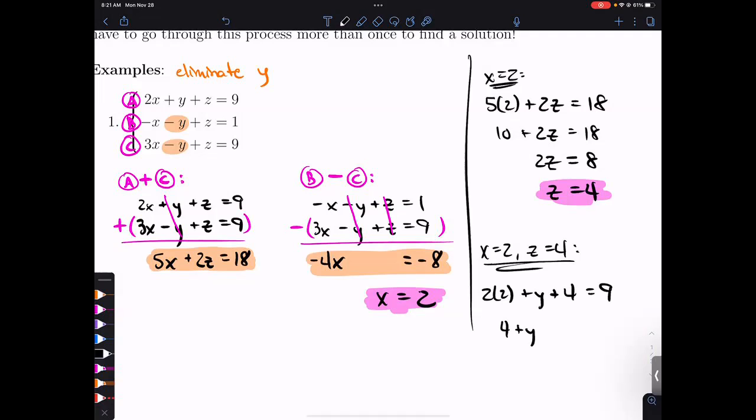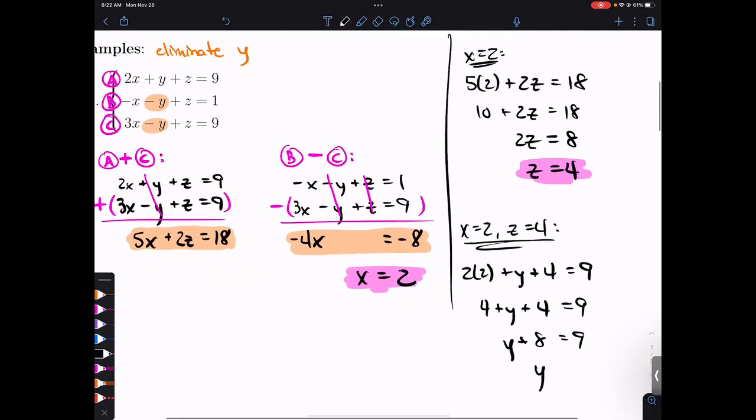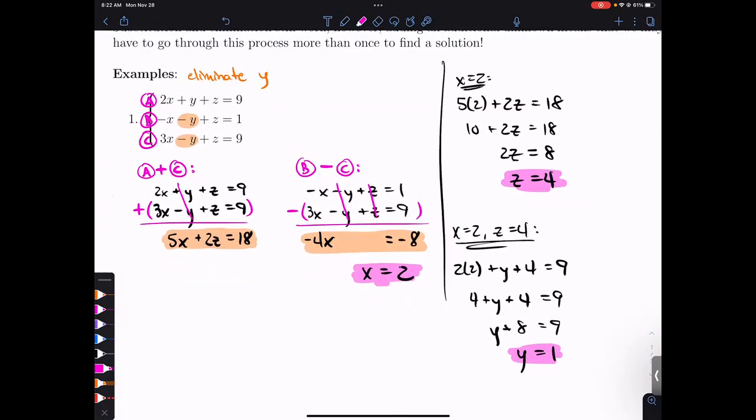So 4 plus y plus 4 is 9. y plus 8 is 9, so y is 1. So our solution, this is an ordered triple.